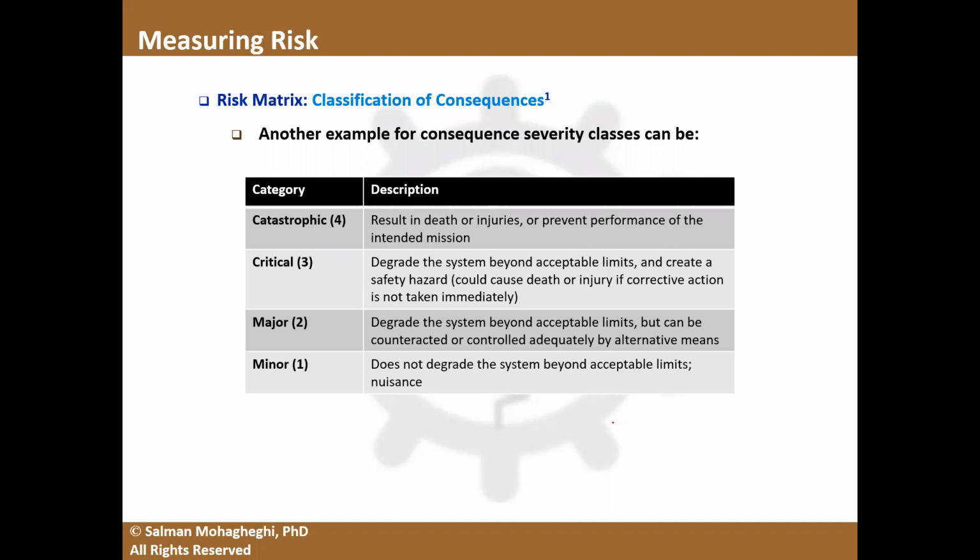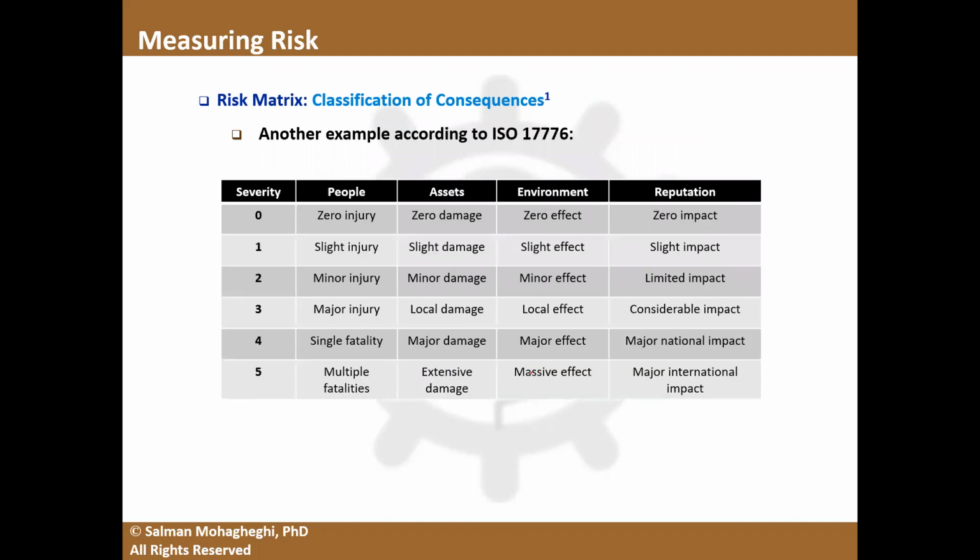If you degrade the system beyond the acceptable limits, but the system can be controlled somehow to be relatively acceptable, that would be major, not critical. And if an event does not degrade the system, then that would be minor. And then you can assign subjective, again, I emphasize subjective numbers, 1, 2, 3, 4 to those.